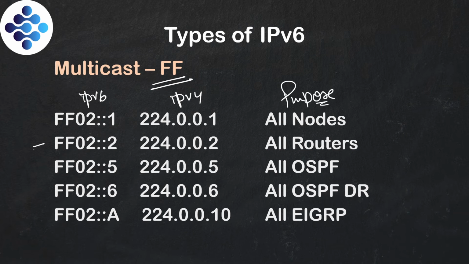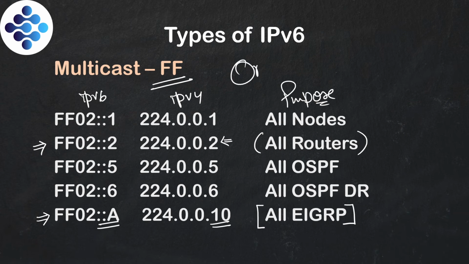So say for example FF02::2 was 224.0.0.2 in IPv4 and it was for all routers. Let's say if we are talking about EIGRP, that means anything sent on FF02::A in IPv6. In IPv4 it was 224.0.0.10. Now we know that 10 is A. So anything sent on this can be heard by only those routers who are running EIGRP. So that's the meaning of multicast.